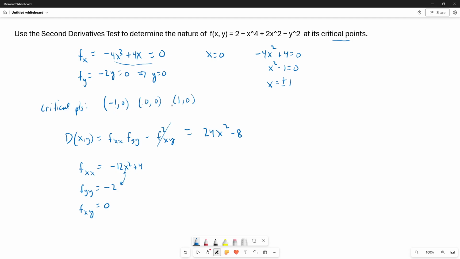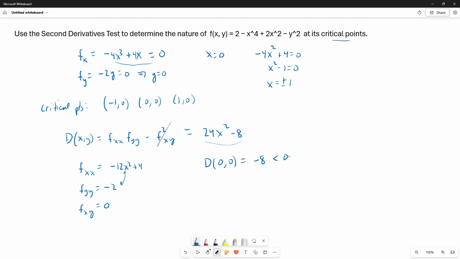And now we plug these points into this expression. So the discriminant at the point (0, 0), say, is -8. We're plugging in x equals 0 and y equals 0. There's no y in the discriminant, so we're just plugging in x equals 0, and we get -8.